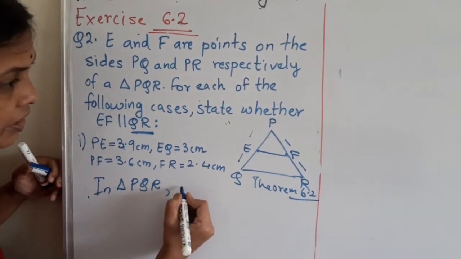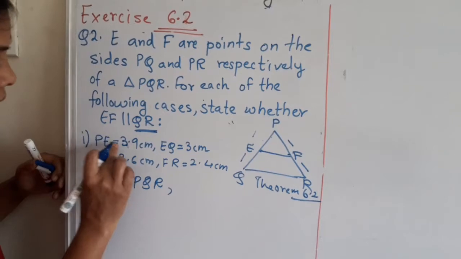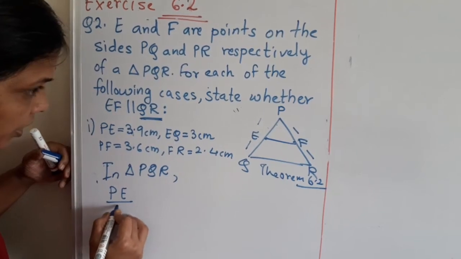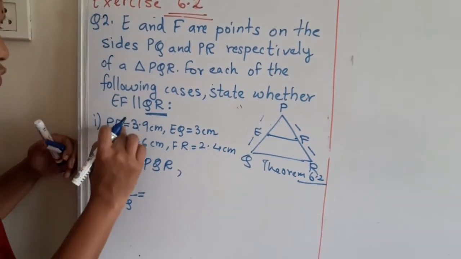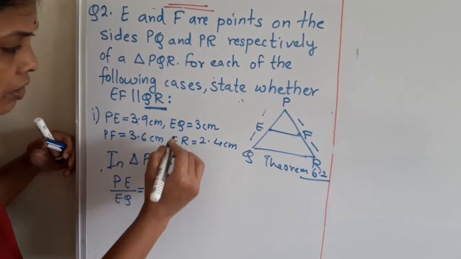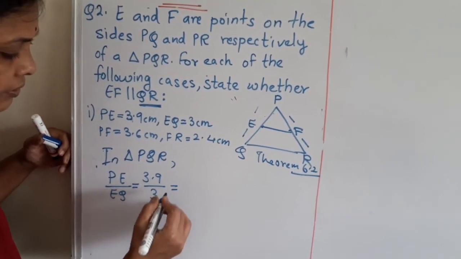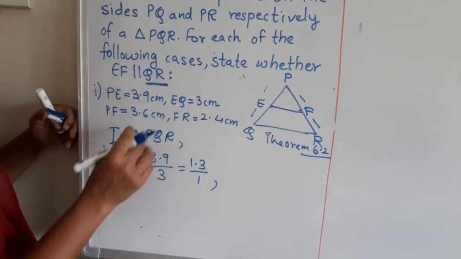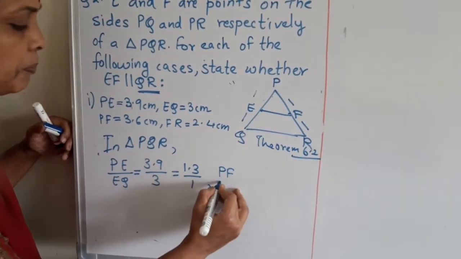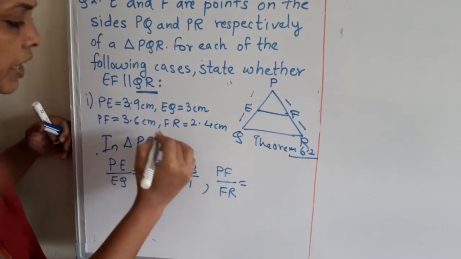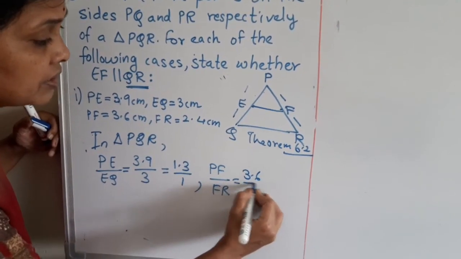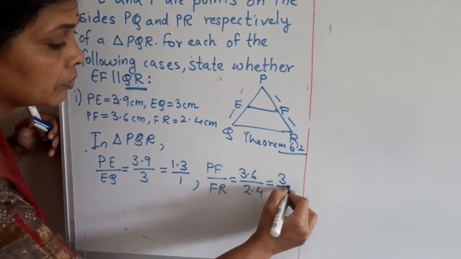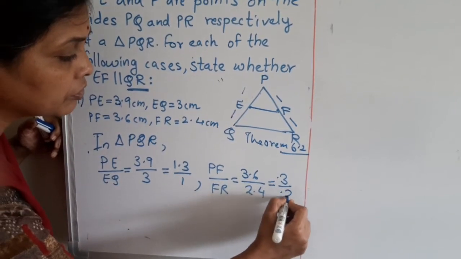What we have to show is this. Let's find PE upon EQ. PE upon EQ is 3.9 upon 3, so it is 1.3 upon 1. Similarly, we will find PF upon FR. PF upon FR is 3.6 upon 2.4, which is 1.5 upon 1.